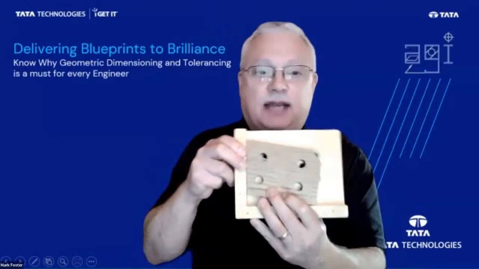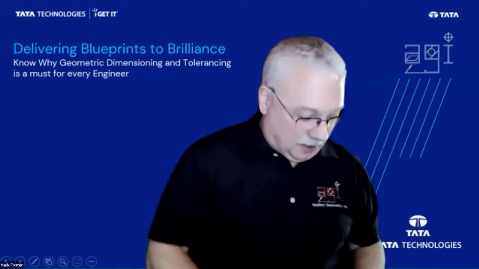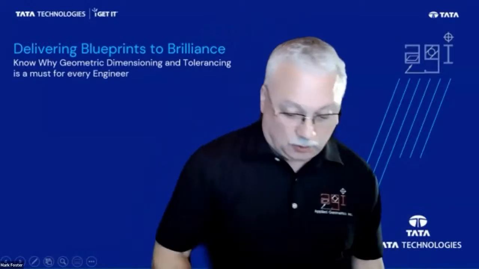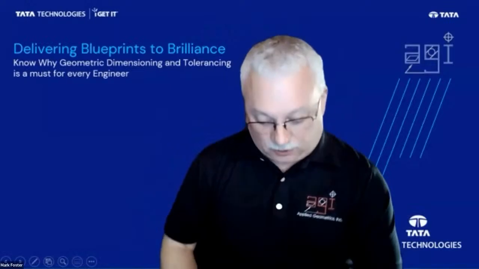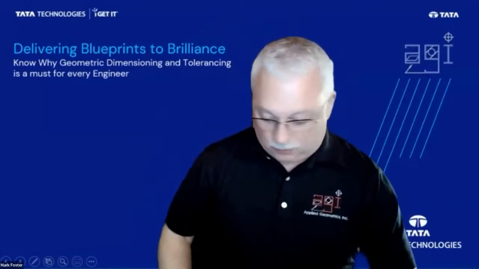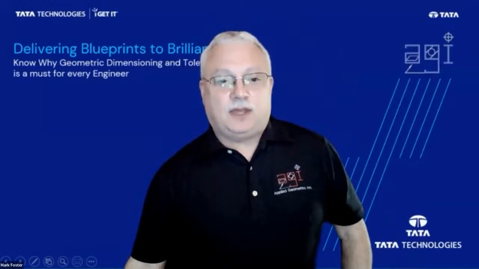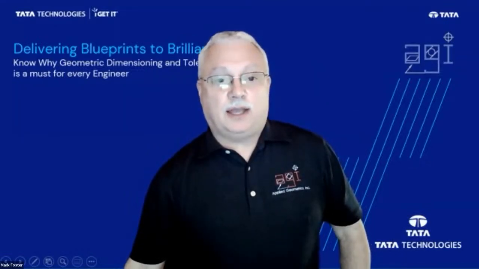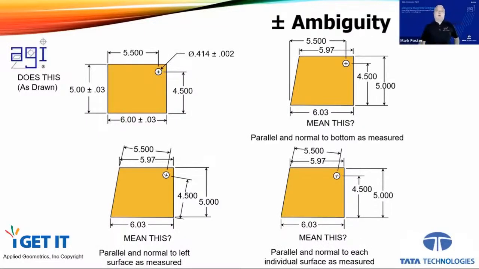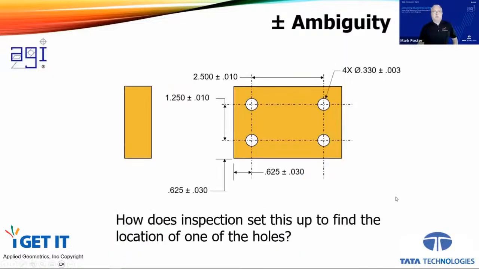How far off does it have to be, or can it be, before it ceases to assemble or before it ceases to be functional and isn't what I wanted it to be? And so these are the kinds of things that we run into all the time out there in the real world when we're trying to communicate our design requirements to those who have to make and measure the parts that we're after. We have all kinds of ambiguities.